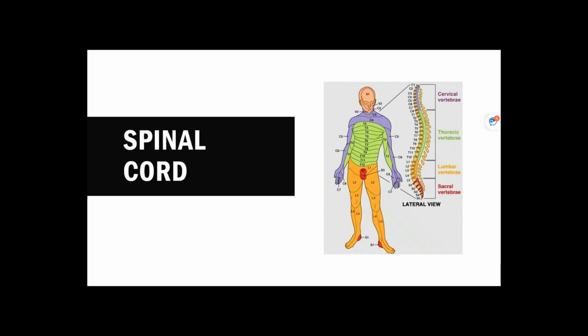Oftentimes any injury to the spinal cord produces debilitating results and can be severe, causing permanent damage. You can see there on the screen, you have the cervical vertebrae, and again, we're going to talk about these spinal nerves in just a second, the thoracic vertebrae, your lumbar vertebrae, and then the sacral vertebrae.